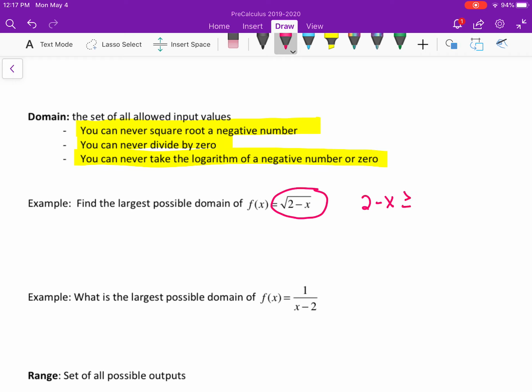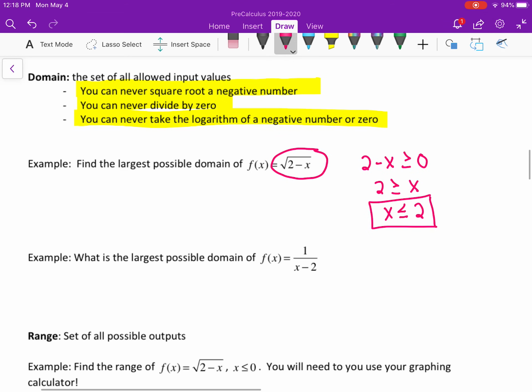So 2 minus x must be greater than or equal to 0, always, okay? So 2 must be greater than or equal to x, because I added x to both sides. So I know you guys like when it's written with the x on the left. x must be less than or equal to 2 for this always to be a true statement.